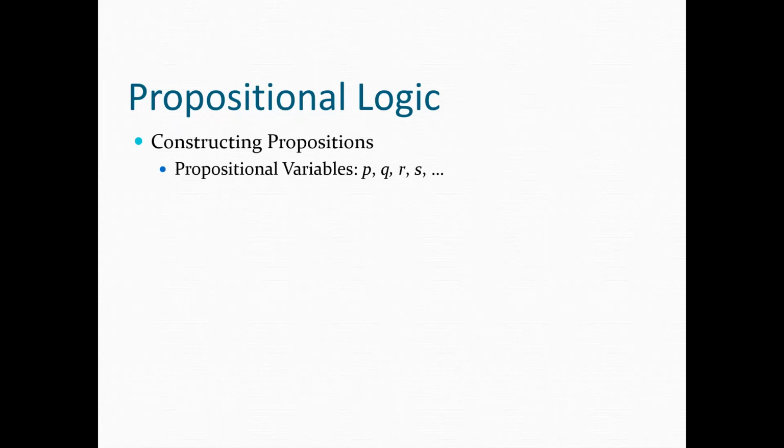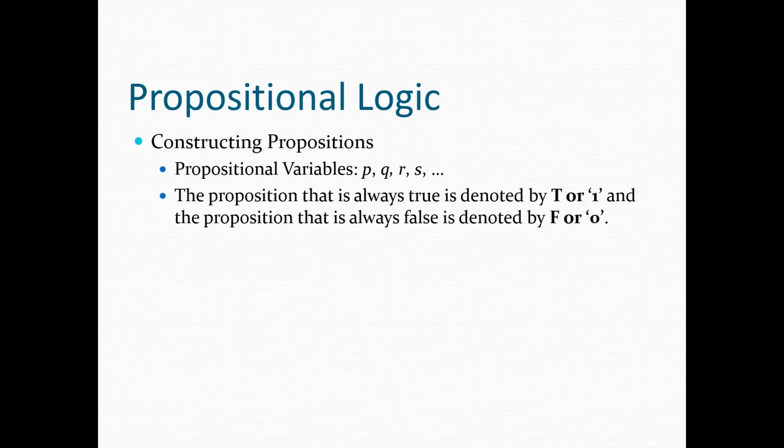For example, if I say that my name is Misbah, in order to use this statement later on, I have to assign a variable to this statement. Similarly, if I live in Lahore, then I have to assign some variable to this statement in order to use it in further applications. The proposition that is always true is denoted by T, or in bits it is denoted by 1. And the proposition that is always false is denoted by F, or in bits it is denoted by 0.